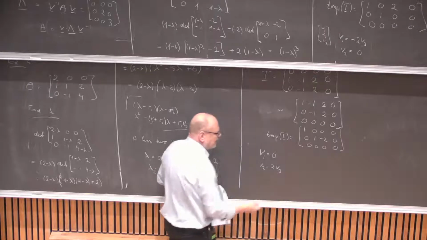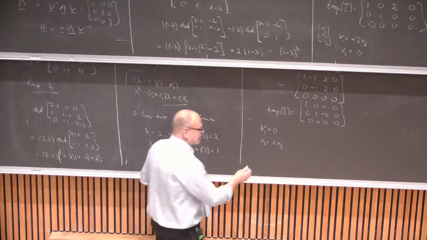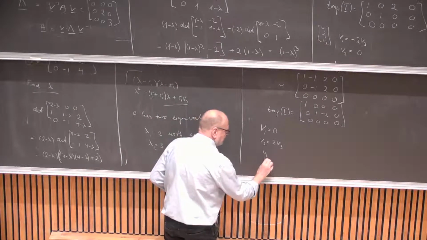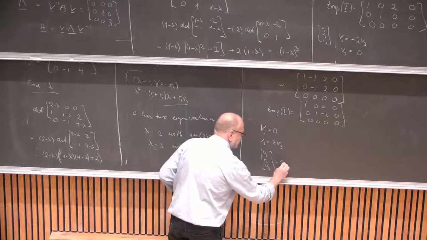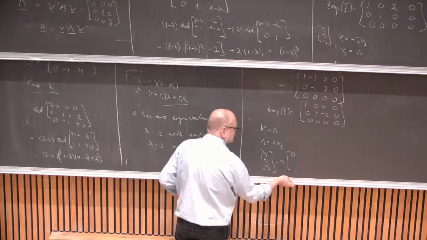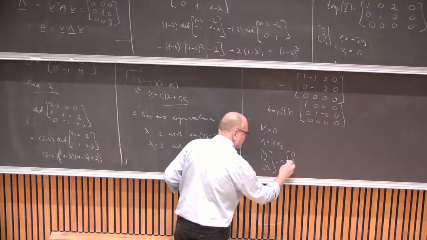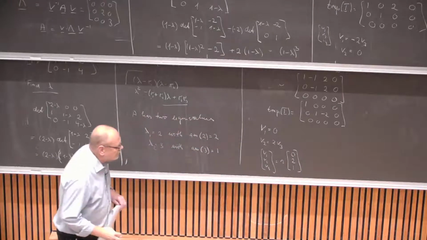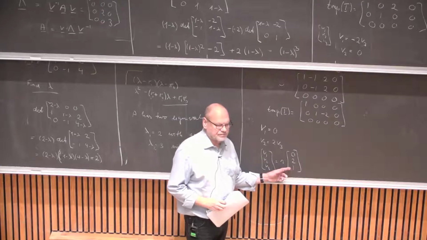So you have one free parameter, that is S. This is V3. So you get V1, V2, V3 is S times this vector here, S times 2, and then times 1 here. So you have only one eigenvector.